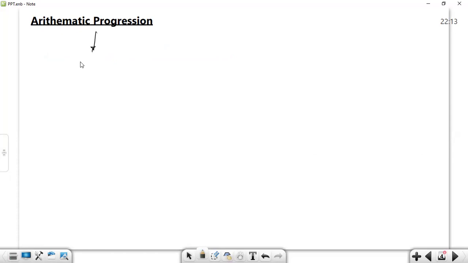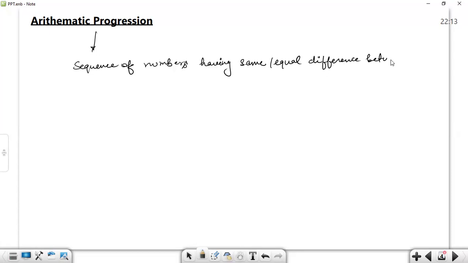So this is a sequence of numbers, but the property that sets it apart from other sequences is the same or equal difference between terms of the sequence.